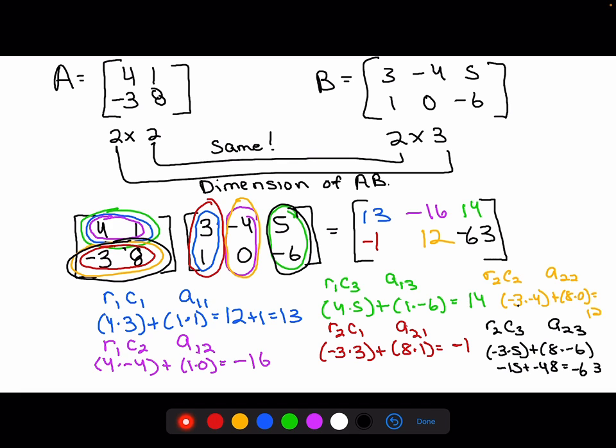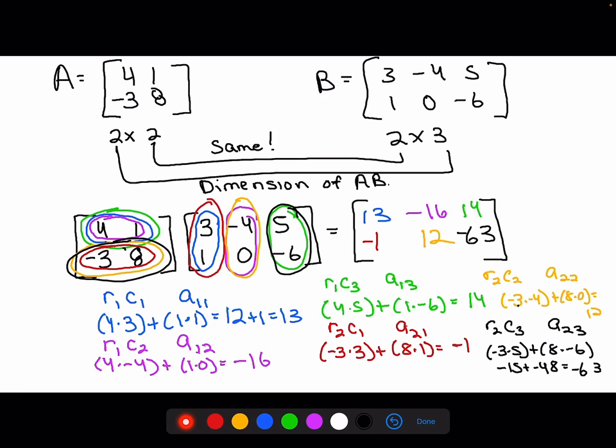Now notice that you cannot do B times A in this example. Because if you did B times A, your dimensions would be 2 by 3 and then 2 by 2. Those inner numbers would not be the same. You'd have a 3 and a 2.